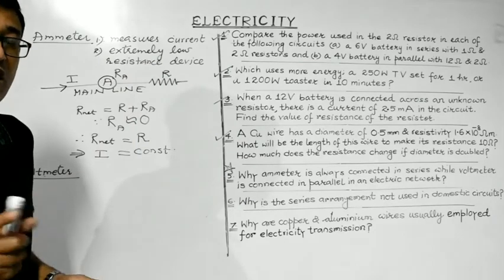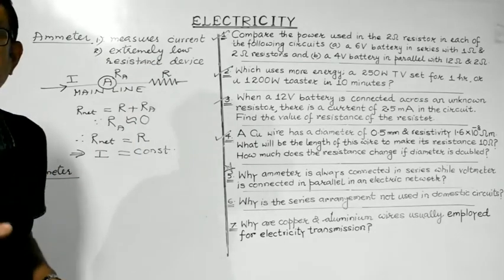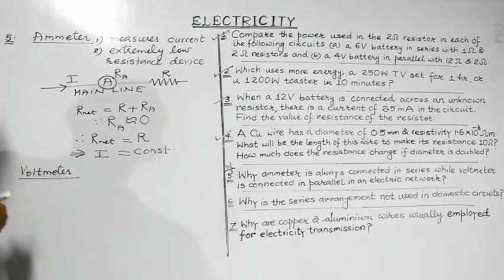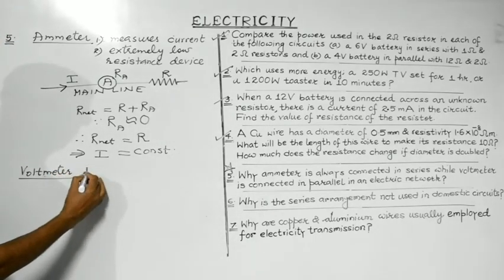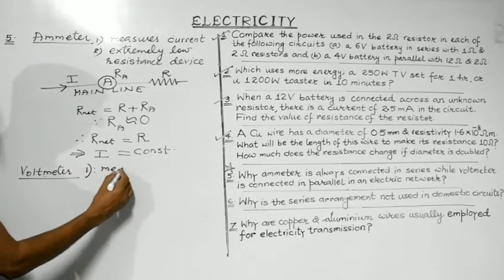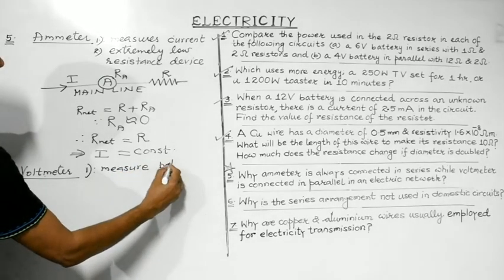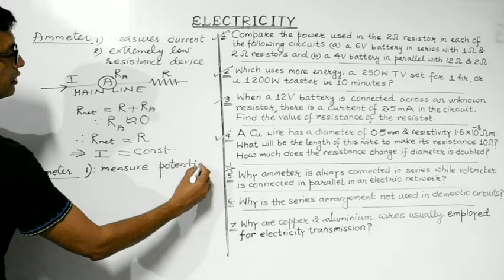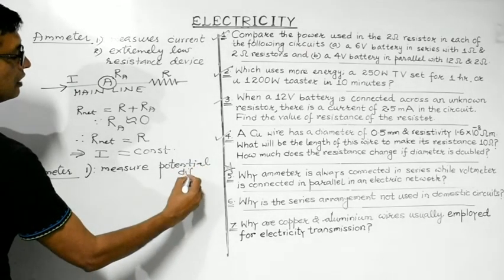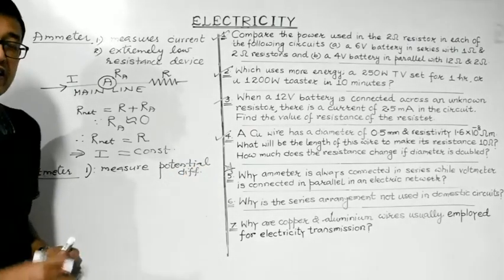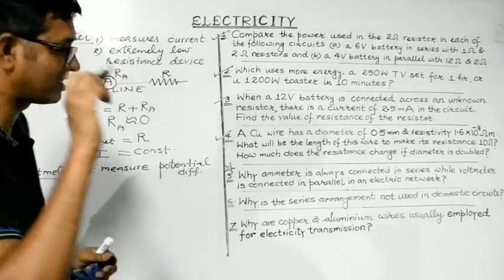And a voltmeter, while connecting in a circuit, is always connected in parallel, right? It is used to measure potential difference. And you are aware, potential difference across the parallel combination is constant.